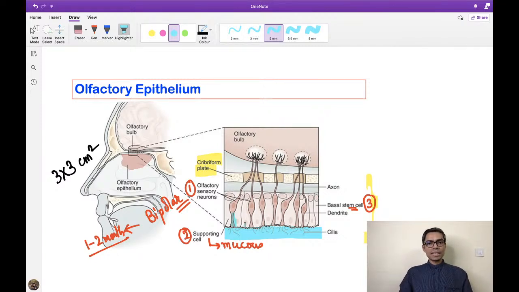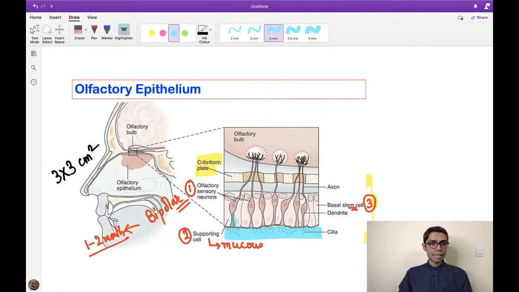So why is this covering important? The bipolar neurons of the olfactory epithelium are exposed to the external environment. This is the only place where neurons are directly exposed to the external environment. Everywhere else in our body, neurons are covered by protective covering, but this is one area where the bipolar neurons are exposed to the nasal epithelium, this olfactory epithelium.